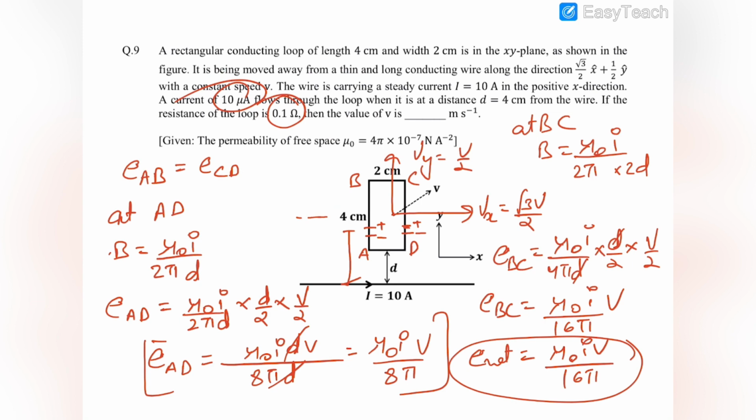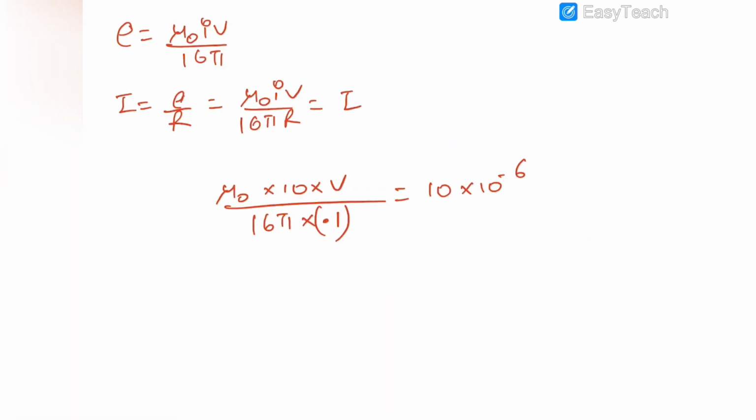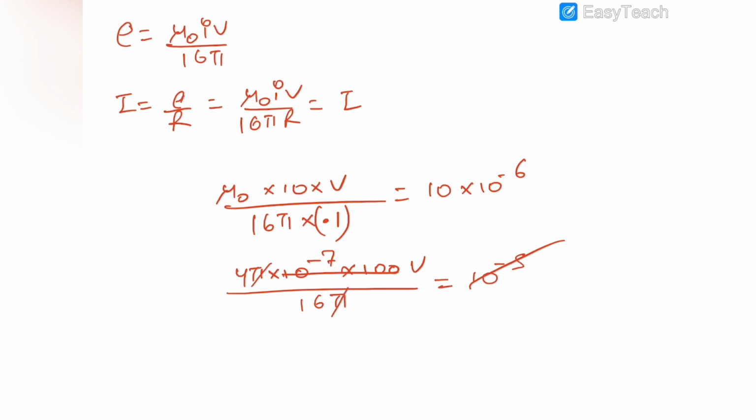Now the value of mu naught is 4 pi into 10 raised to the power minus 7. So 4 pi into 10 raised to the power minus 7 into 100 V by 16 pi is equal to 10 raised to the power minus 5. So you can see that pi is cancelled with pi, and V will be equal to 4. So the correct answer is 4 meters per second. Now we move on to the next question.